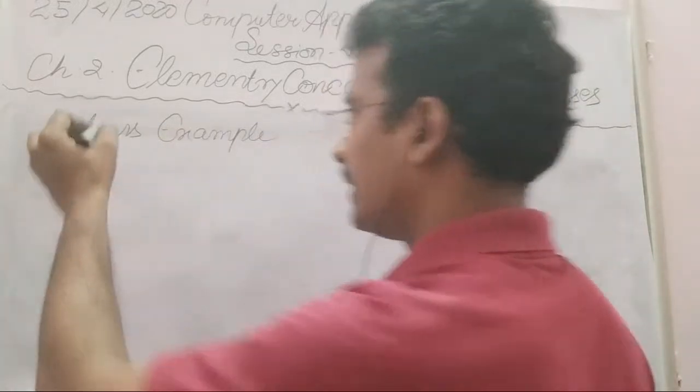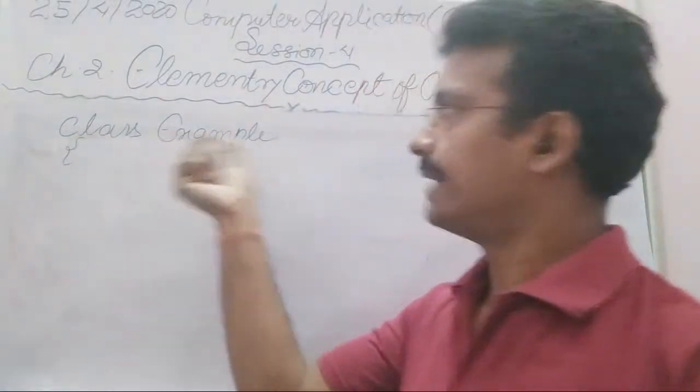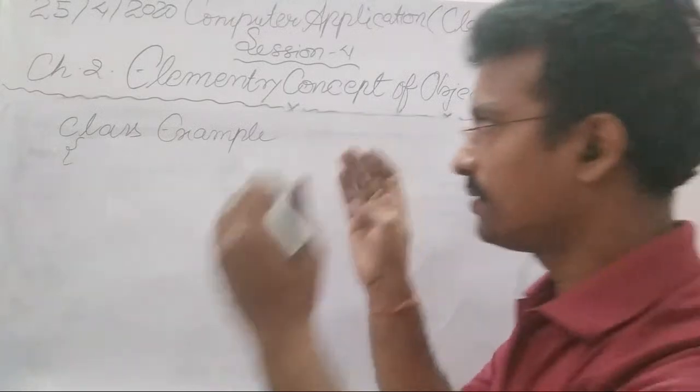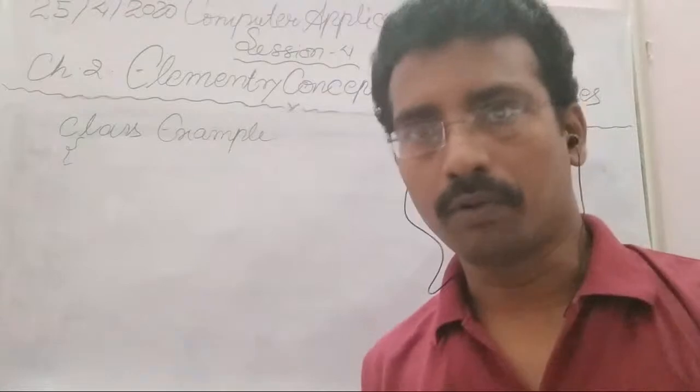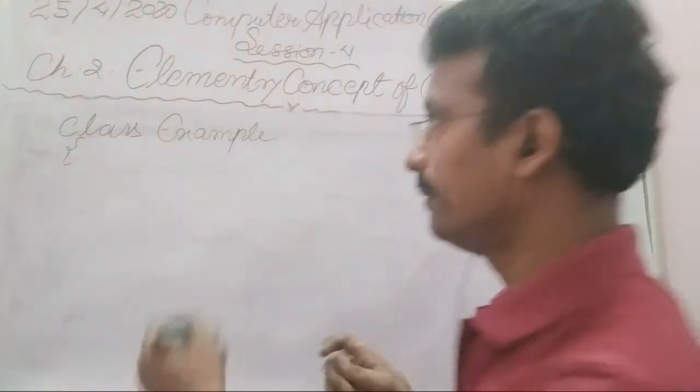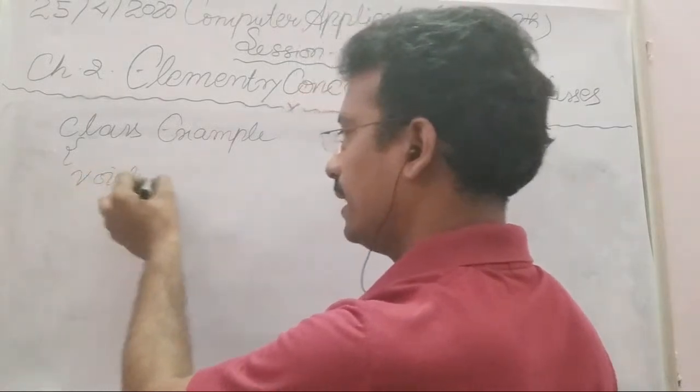We have written a class name, class Example. First let's write the program, then I will explain the total program one by one. Then we have written void main.